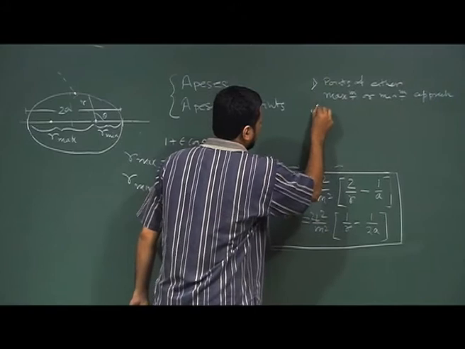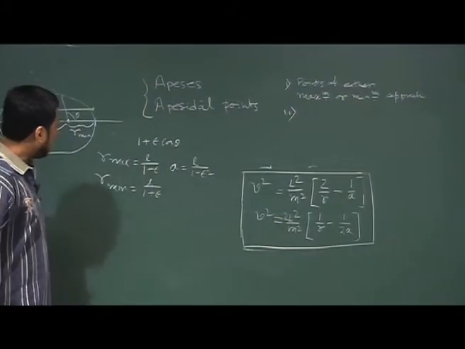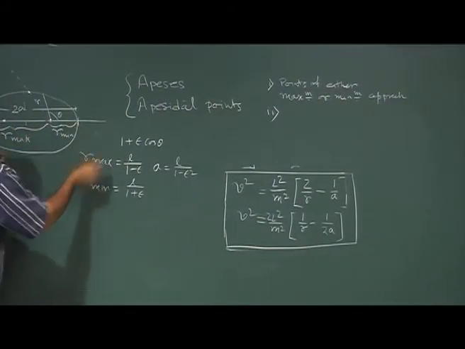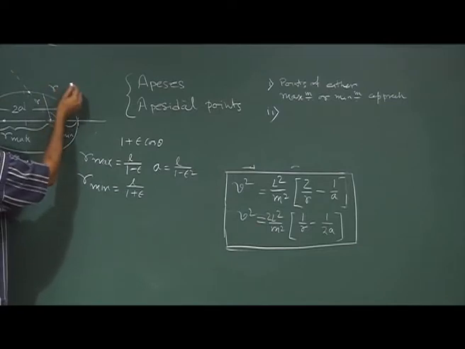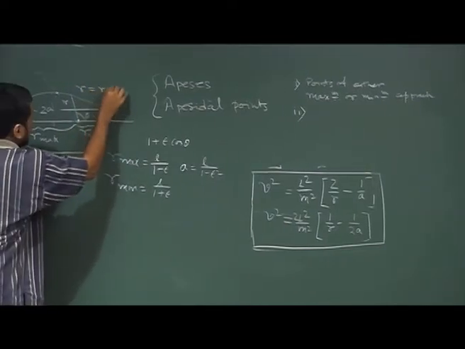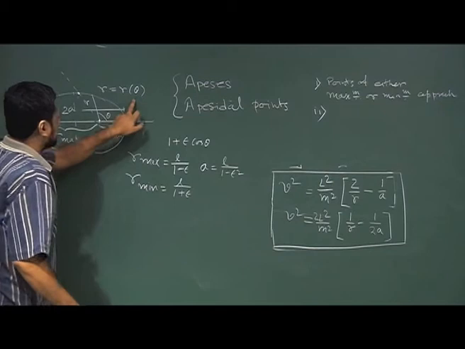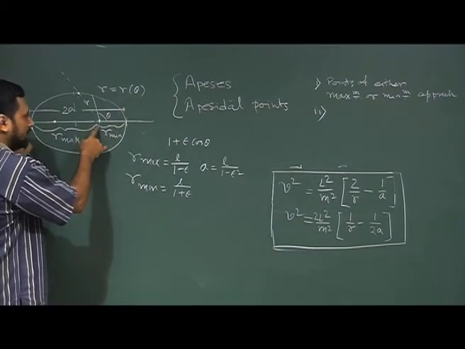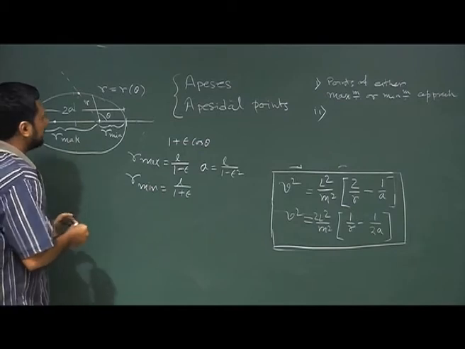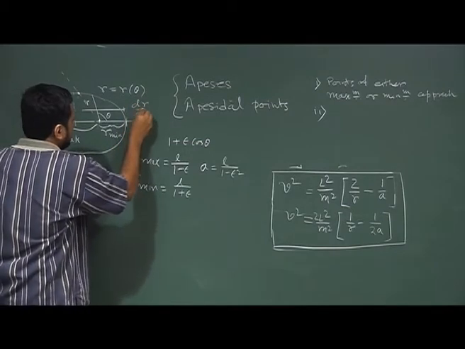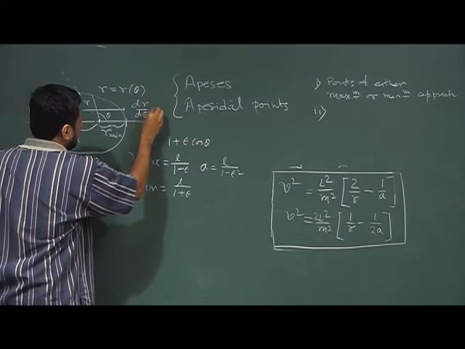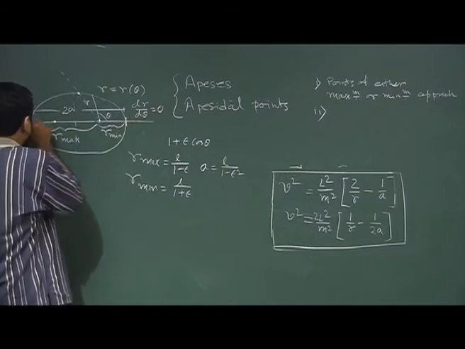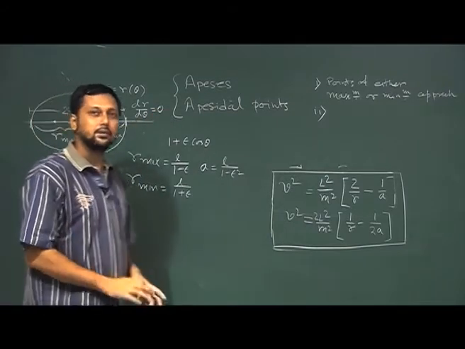The second definition is, as you see, this orbit is given as r as a function of theta. So, when r goes through a minimum or a maximum, we can immediately infer that dr d theta will be equal to 0 at these two extreme points, and that is true in general for any orbit.